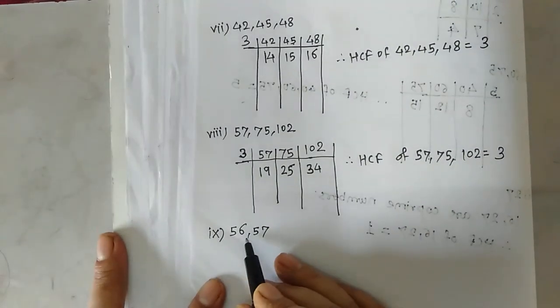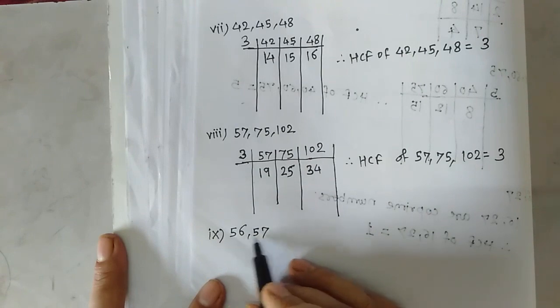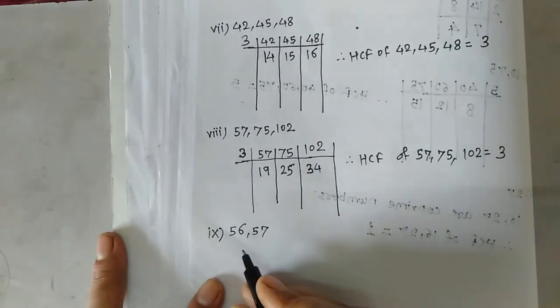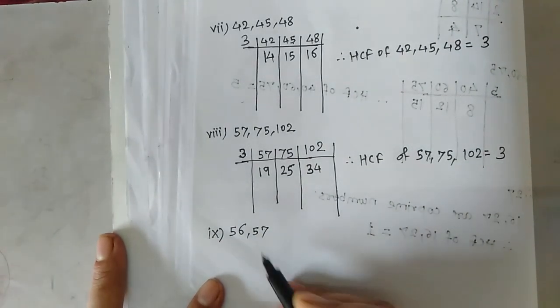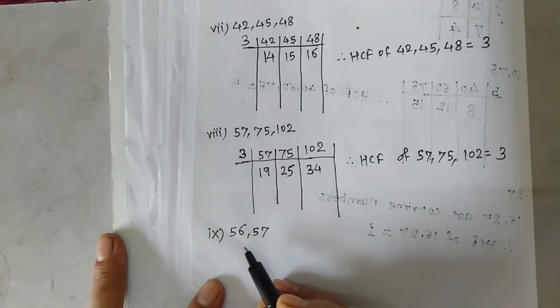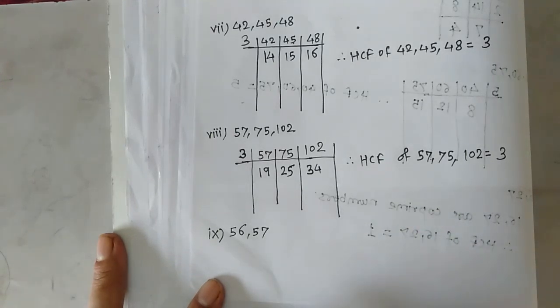Next is 56 and 57. These are consecutive numbers, and we know that consecutive numbers are co-prime numbers, and co-prime numbers have only one common factor.